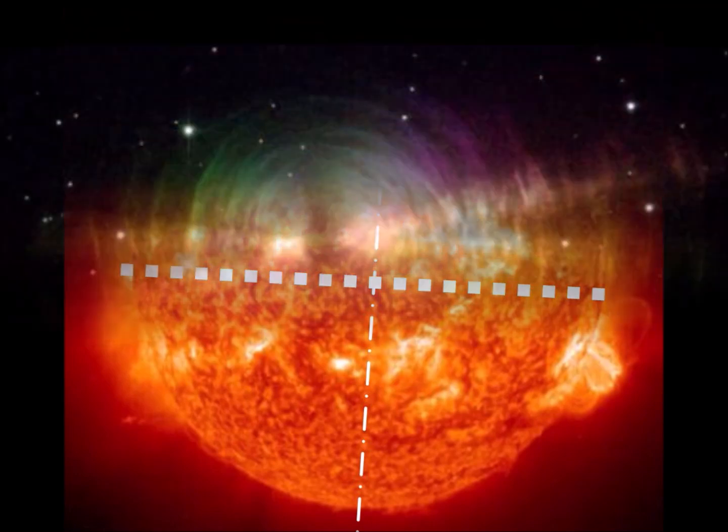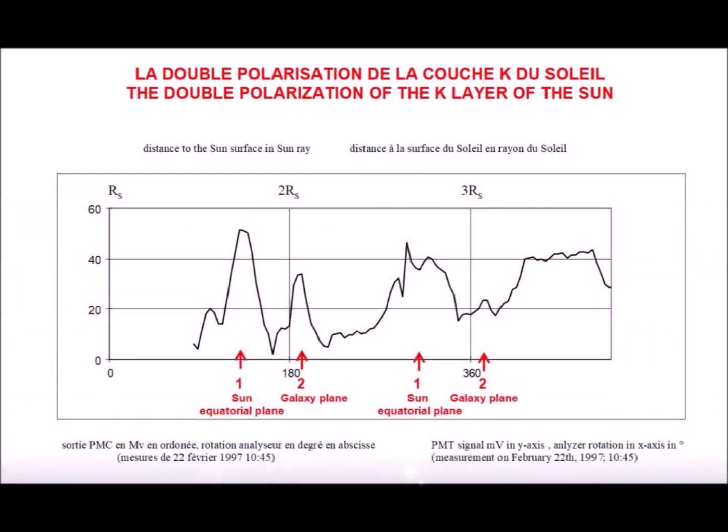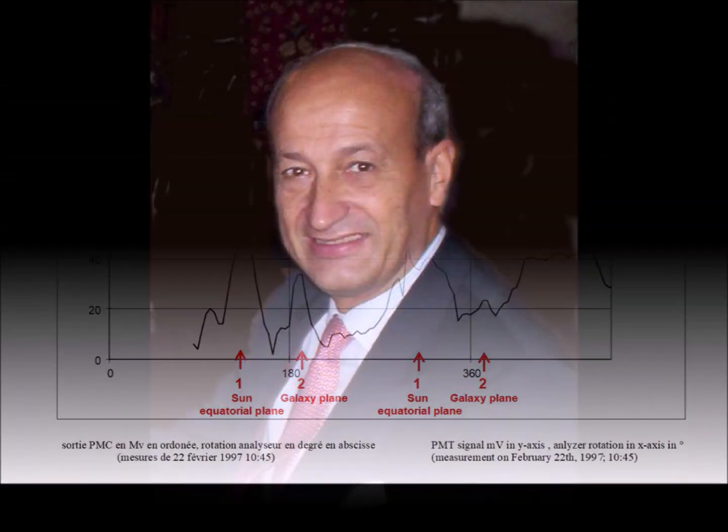The very same phenomenon explains also the polarization of stars in the plane of the galaxy. The double polarization of the K layer of the Sun in its equatorial plane and in the plane of the galaxy is explained by the lack of angular momentum of the particles of the cosmos in these planes.